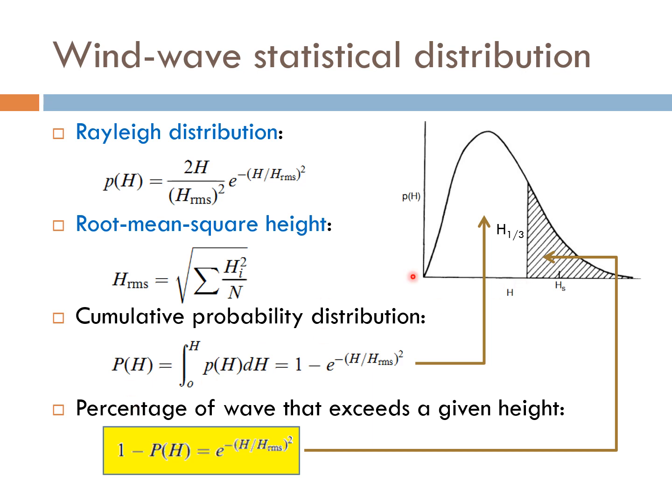So essentially, the cumulative probability distribution, which covers the entire curve, should equal 1, and 1 minus the cumulative probability distribution up to a point gives us the percentage of the waves that are more than that particular wave height.